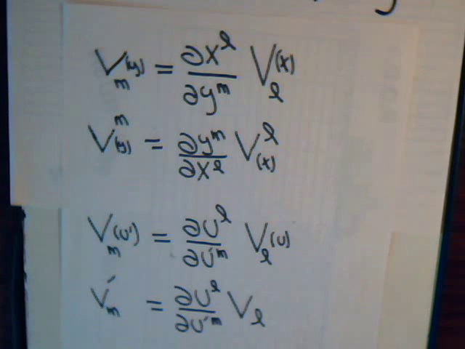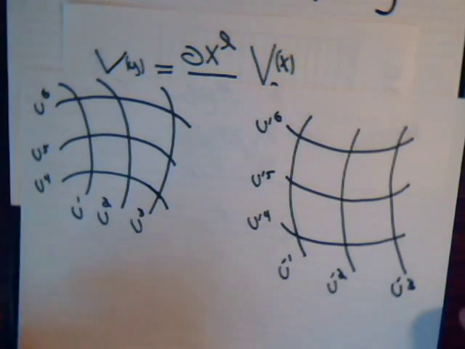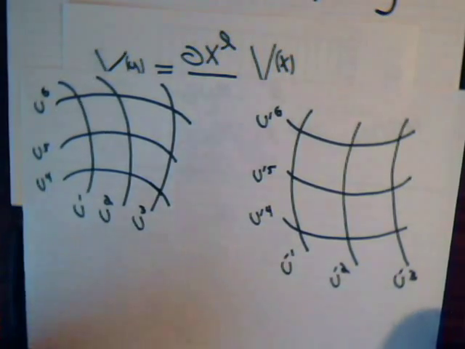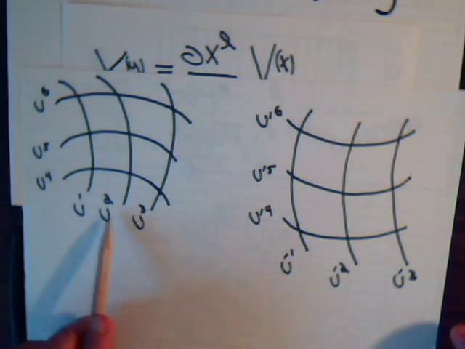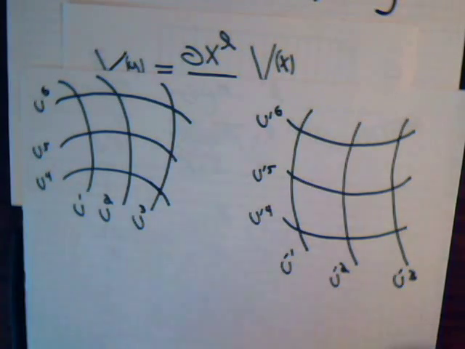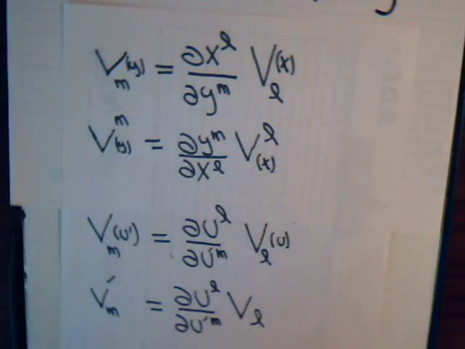Now, we'd also considered, suppose that we label our curvilinear coordinates like this, where we have u1, u2, u3, u4, and so forth. And then the other one is labeled as u'1, u'2, u'3, u'4, and so forth. They're going to transform the same way, of course.